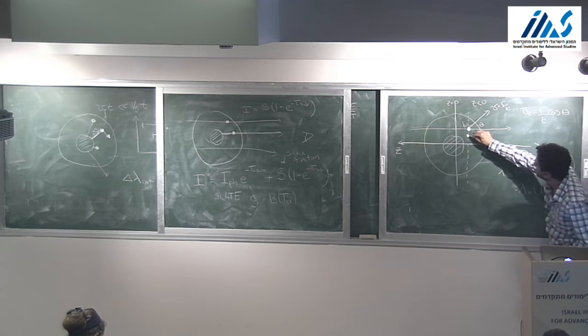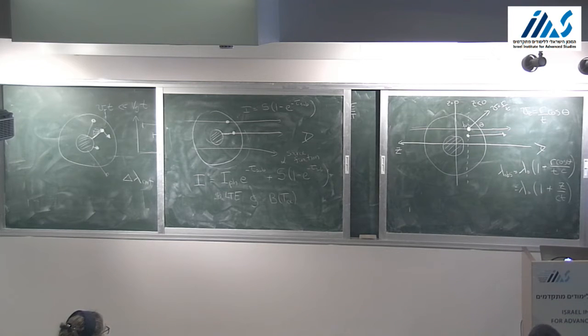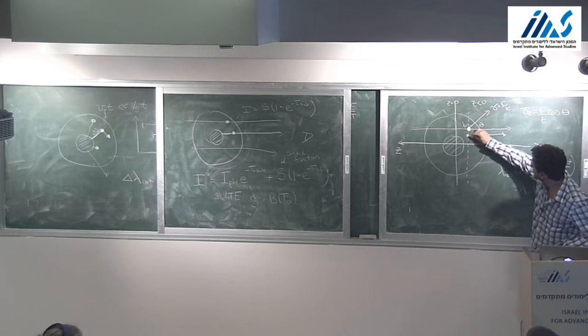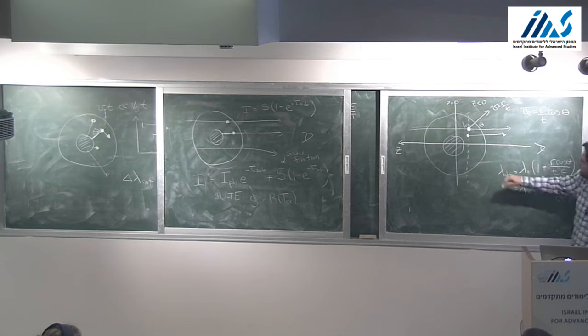What wavelength does that map to for the observer? Thoughts? Same. So it's at a different radial point, and the angle is different, and so the r cosine theta is the same.